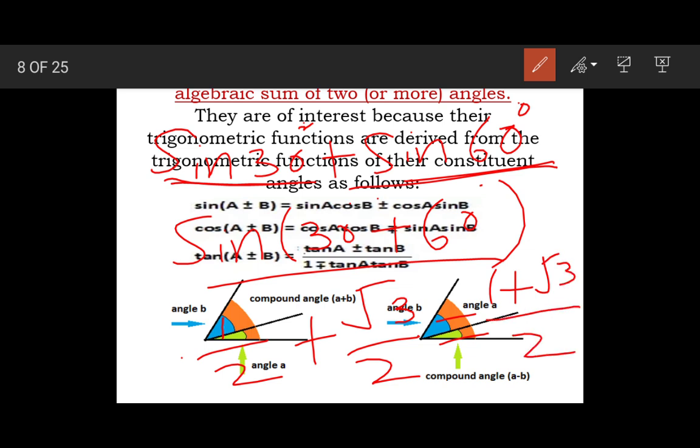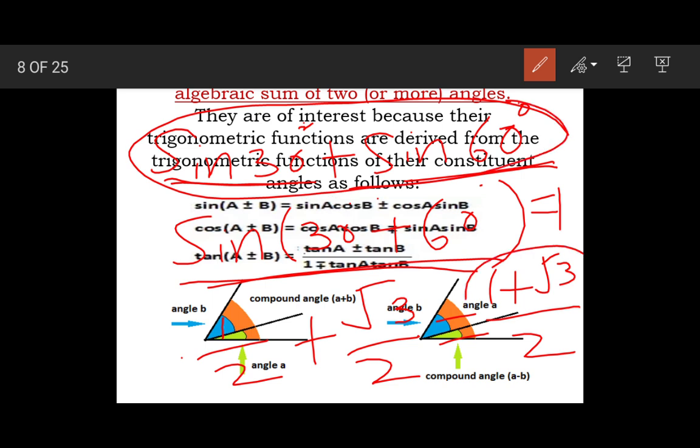Right? Now the second one, sine of 30 plus 60. That means that is equal to sine 90 degree. Right? And sine 90 degree is 1. So for the first one, sine 30 plus sine 60, the answer is 1 plus root 3 upon 2.